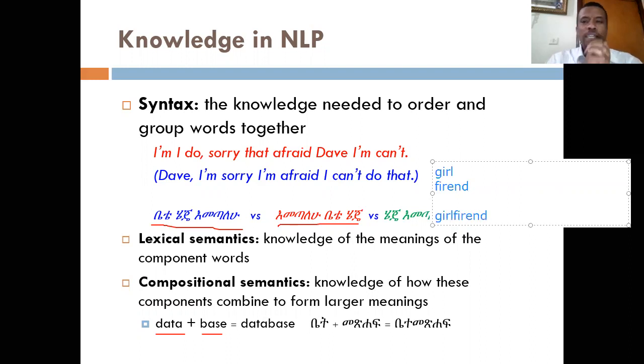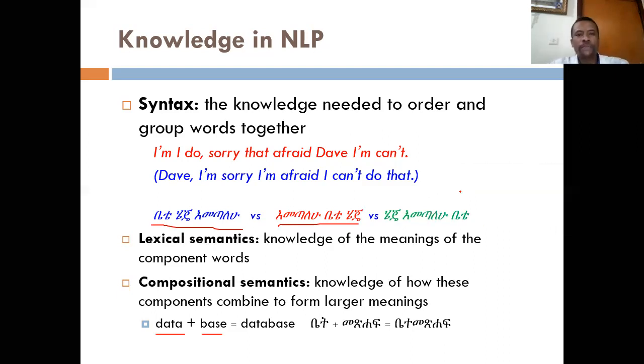Does it mean a friend who is a girl? No, it's more than that. It's more intimate. So that's what we call compositional semantics. When words come together, the meaning isn't just the sum of the two meanings. It's totally different. That's what we call compositional semantics, which means the meaning that arises from those combinations.